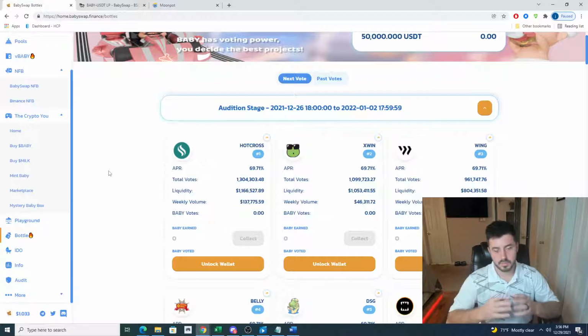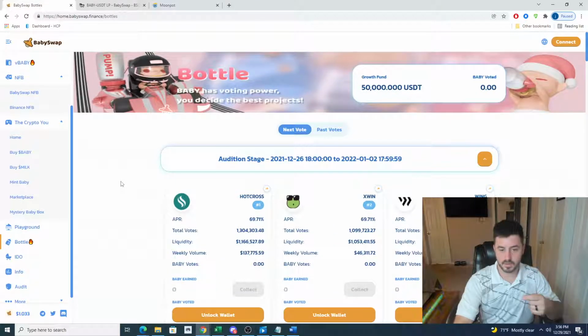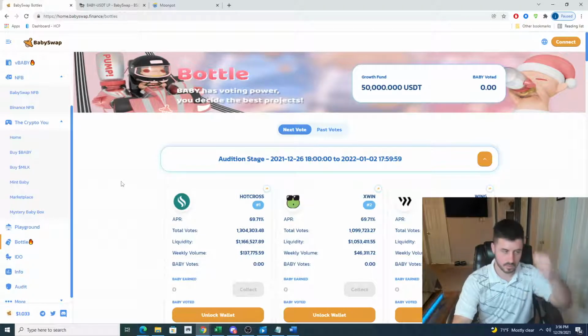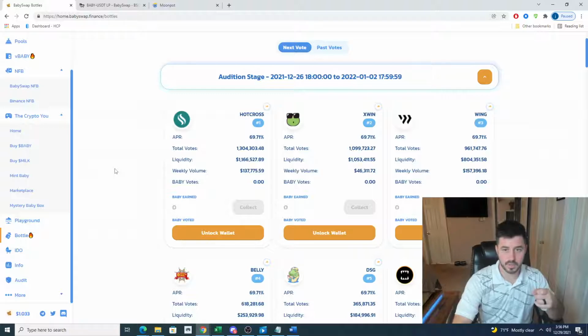So people that are trying to start currencies here, they have a voting mechanism in place called BOTL. So you'll take your BabySwap token and you will literally just stake, or you'll put it into these different ones here, and it is basically just a way to vote. After so long, they determine who wins the vote, and it seems like the audition stage is right here. It seems like the next one is on 1-2.